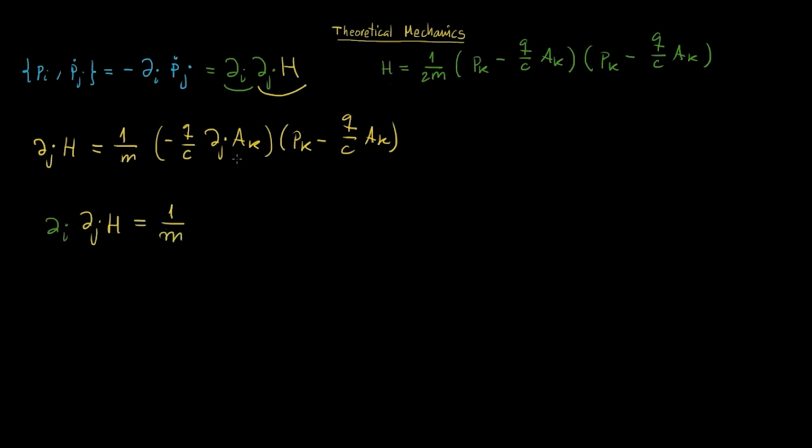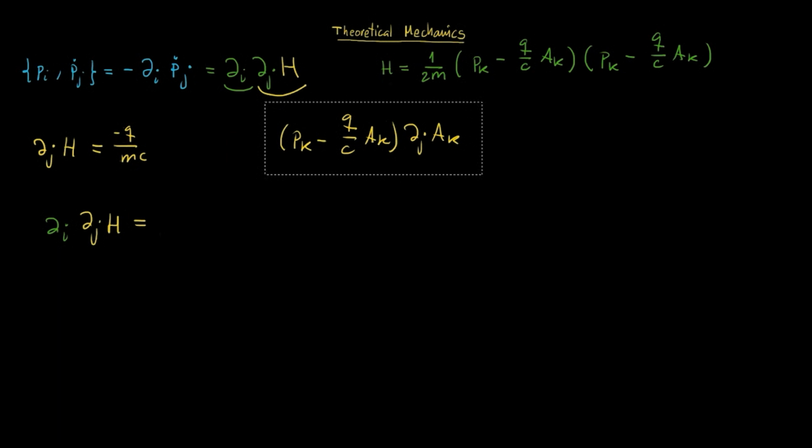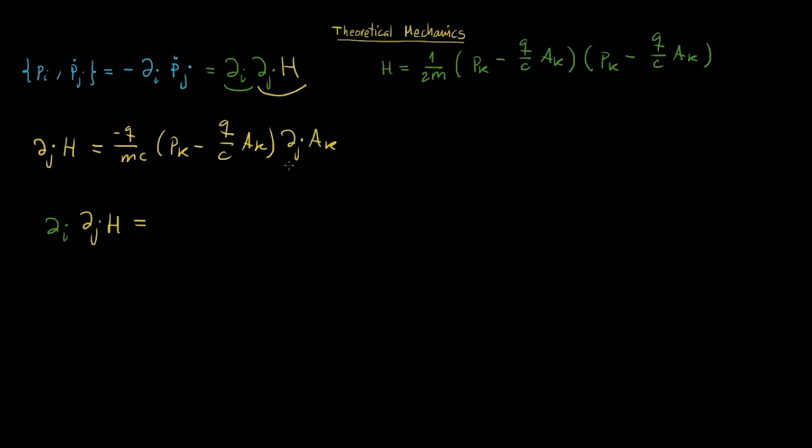So here we are. Let's take the partial derivative partial i of partial j H, and let me factor out 1 over m, minus q over c, and let's write this here. It's the same because all these quantities are functions and the functions commute.